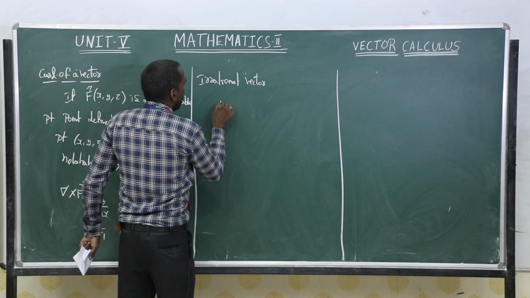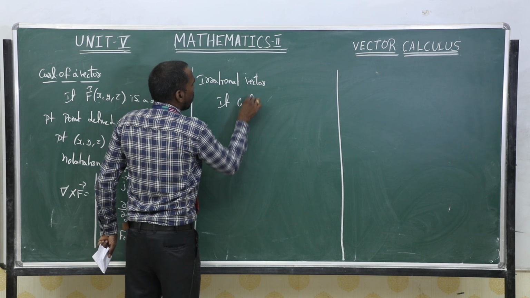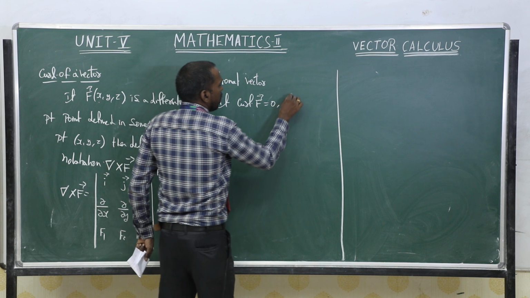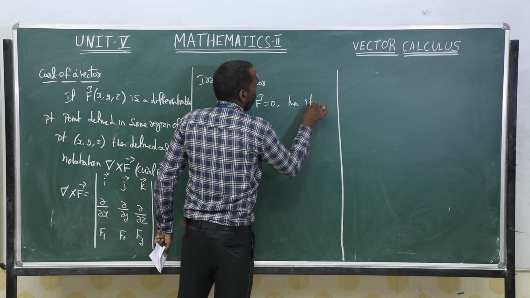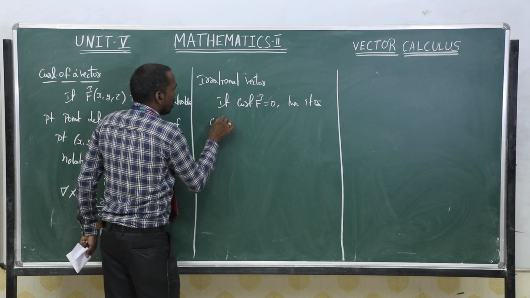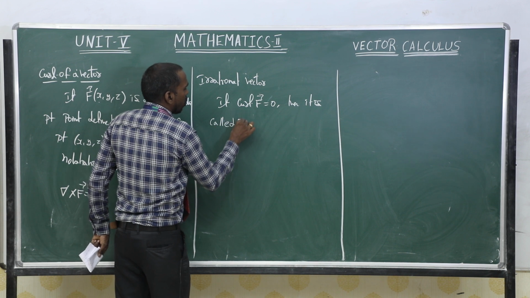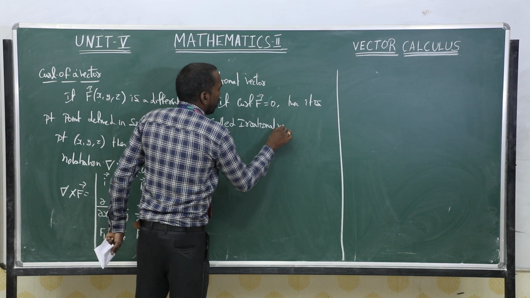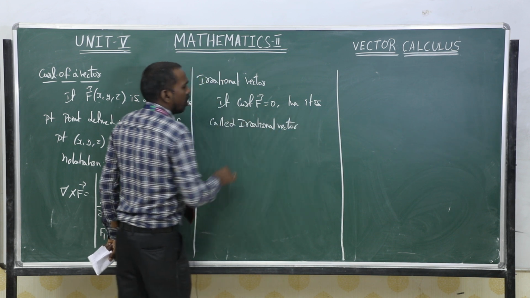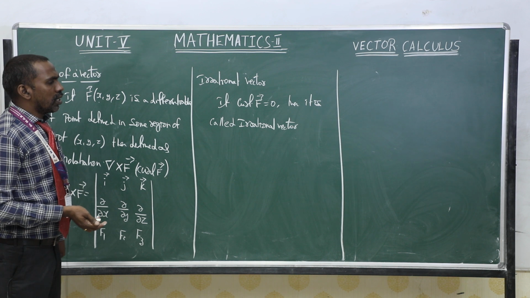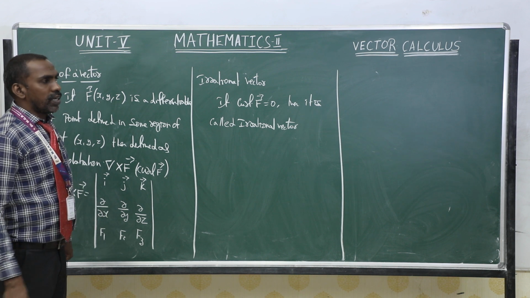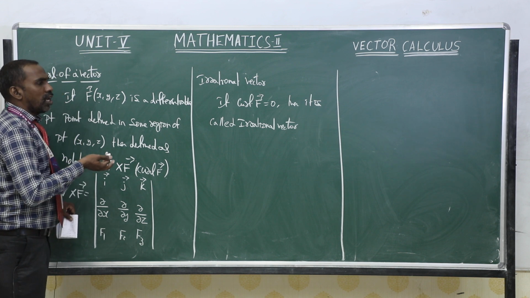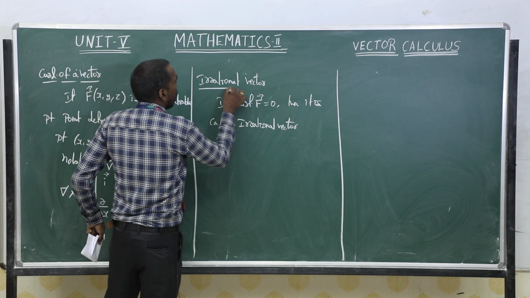If the curl of F vector is 0, then it is called an irrotational vector.